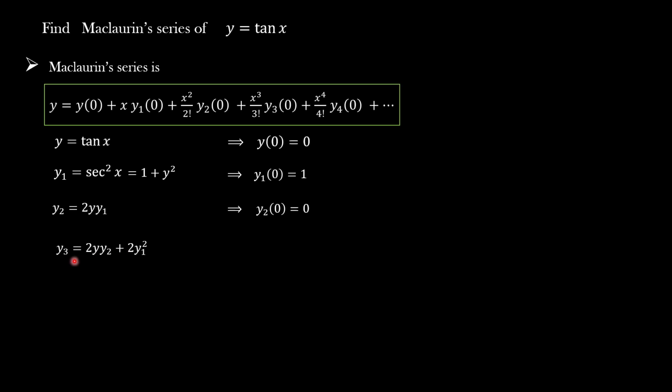Therefore, y3 is equal to 2 y y2 plus 2 into y1 square, which implies y3 of 0 is equal to 2.